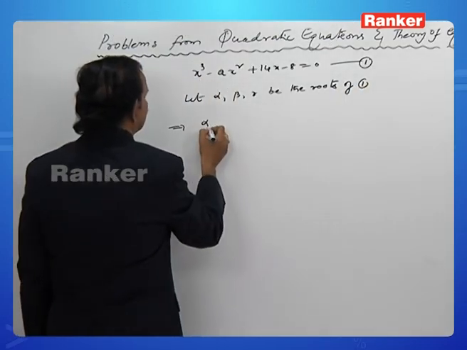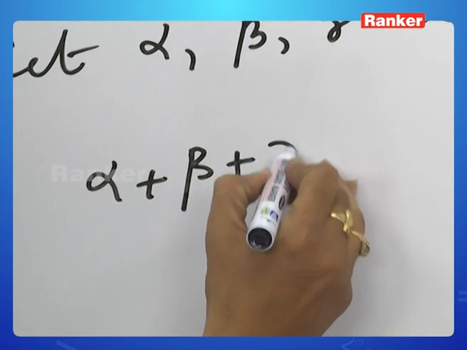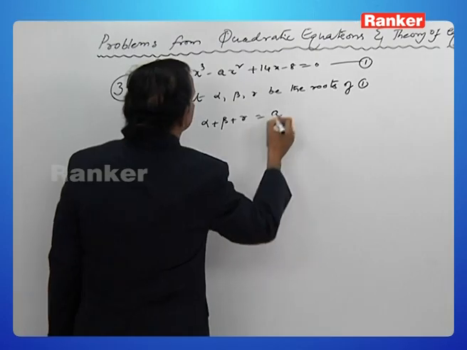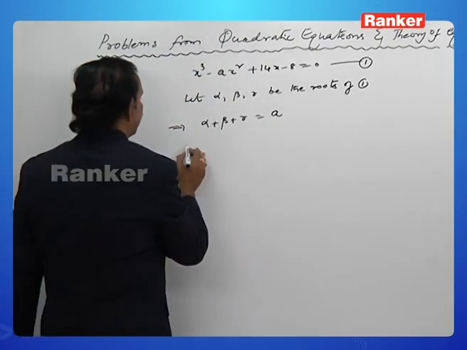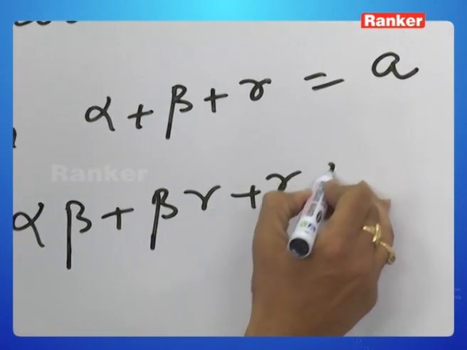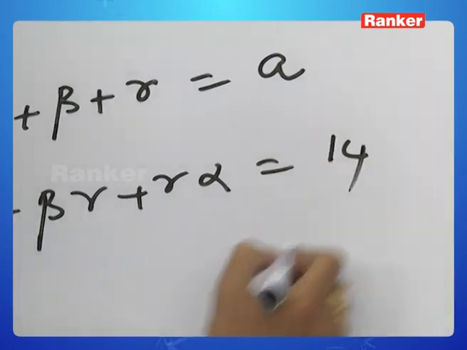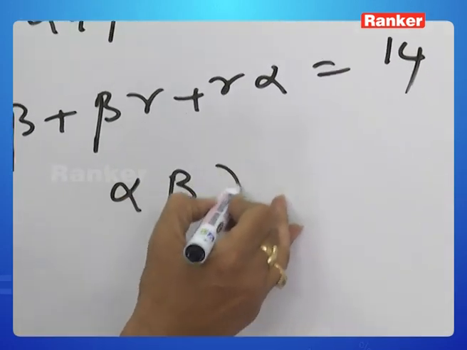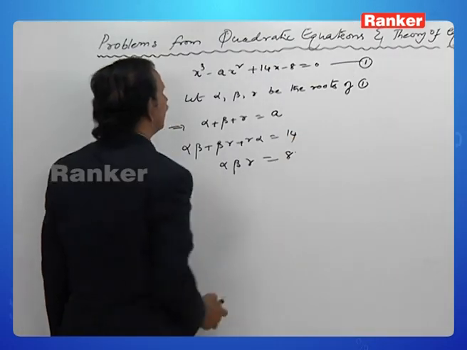This implies, what is the sum of the roots? Alpha plus beta plus gamma is equal to a, alpha beta plus beta gamma plus gamma alpha is equal to 14, and alpha beta gamma is equal to 8.